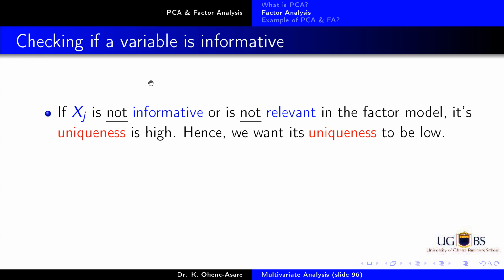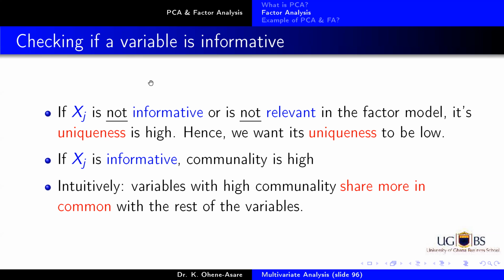It gives you enough information. So it means that it shares more with other variables. It has a very high communality value. And if you have a very high communality value, it means that your uniqueness is not high, your uniqueness is low.